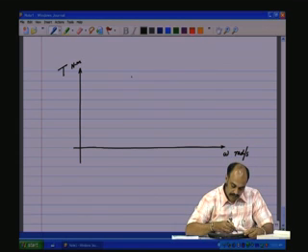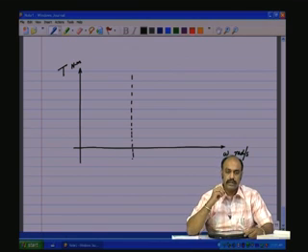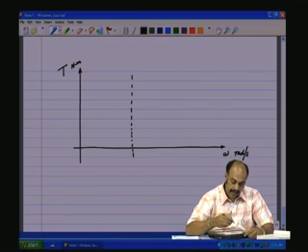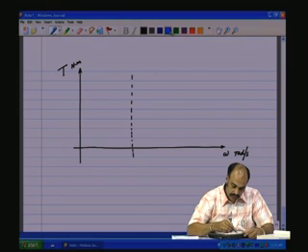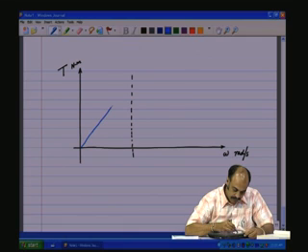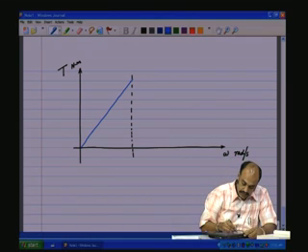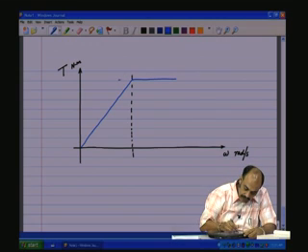Now, let us say I keep on increasing the voltage. As the voltage is being increased, the voltage will keep on increasing as shown, up to a certain point. Beyond that the voltage can't increase, because we would have reached the rated value of the voltage for the machine, EA rated.